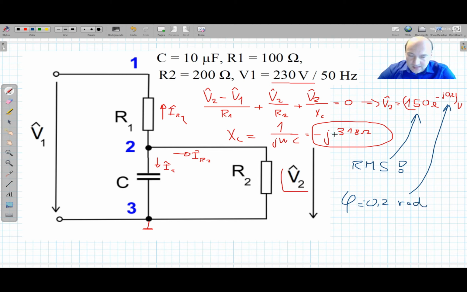Now we have the values, we have the voltage, we have the phase shift, and we can see if we can simulate the circuit, and if this will give us the same results.